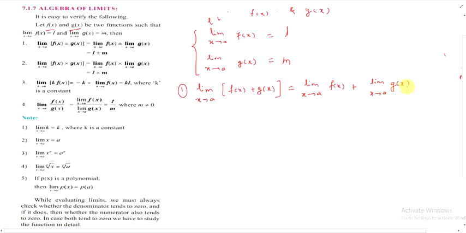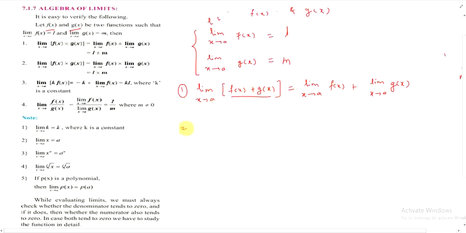Let us see again here. If we take limit of addition of these two functions, then it is same as addition of their limits. Means if we take first addition and we apply limit on it, it is same as if we take the separate limits and then take their addition, we get the same value.